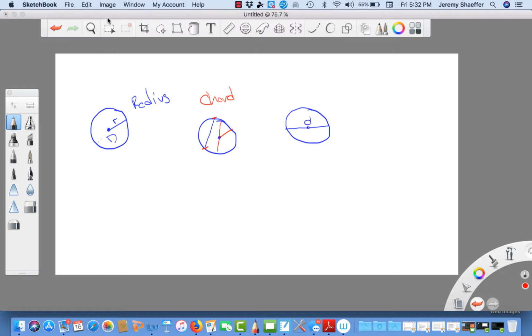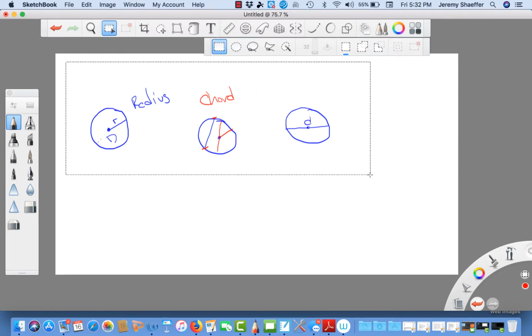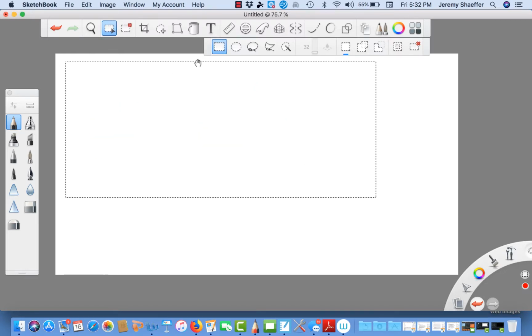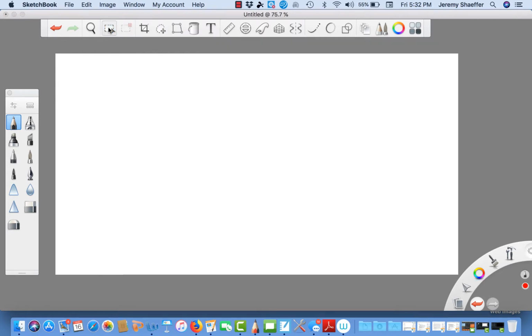Again, these are review terms. You've seen these many times. It's just putting them back into your mind as we go forward. So how do we come up with the difference between the circumference and the area of a circle?